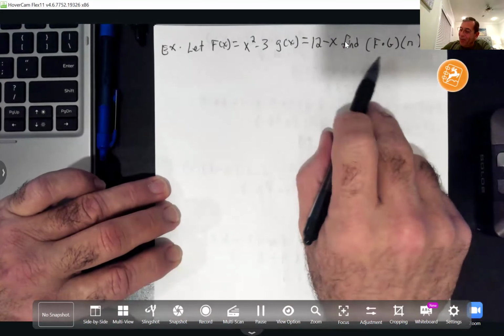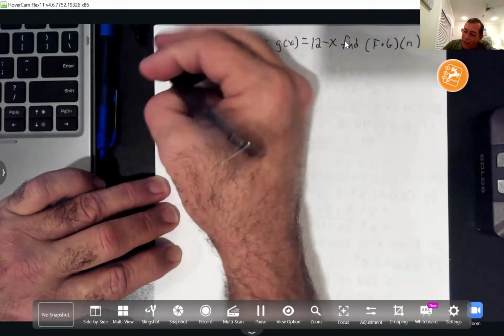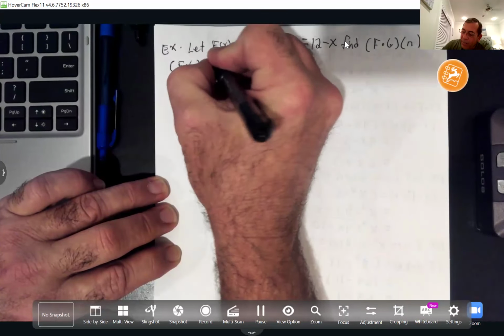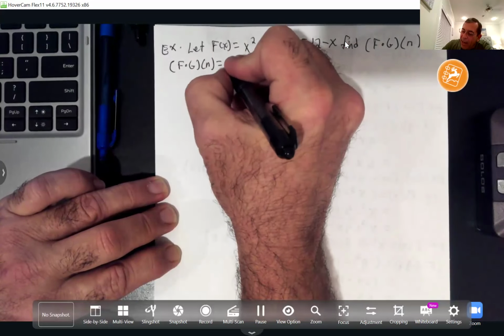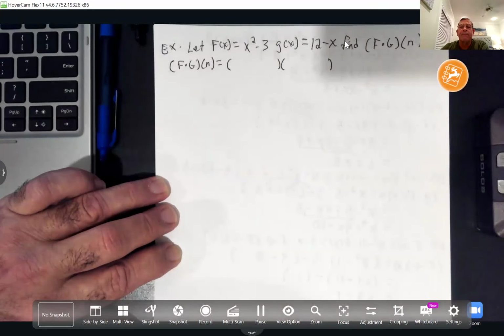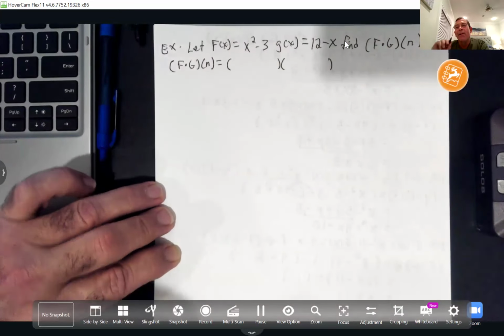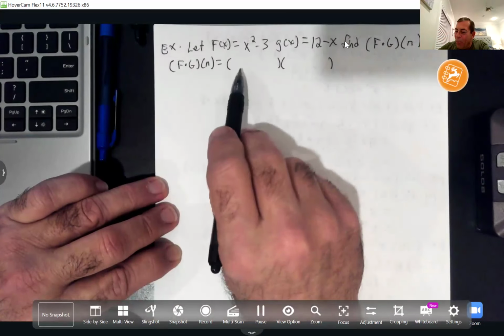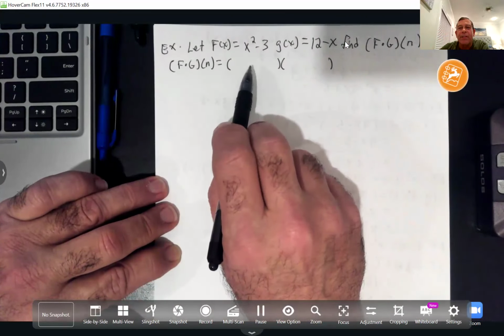So y'all, let's see what y'all are going to do. F times g of n, so bring that over here. Remember, that's going to equal my f times my g. But y'all, what I'm interested in, what in the world are y'all putting in this first parentheses for your f?